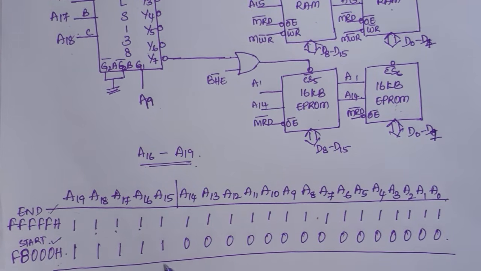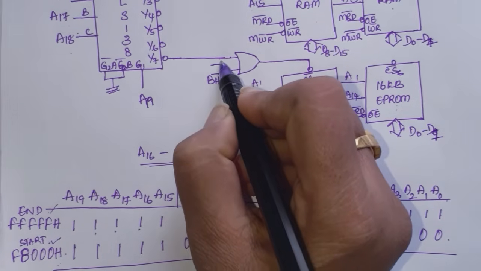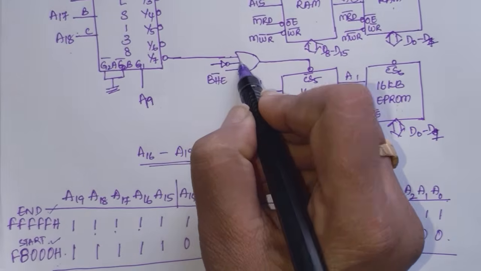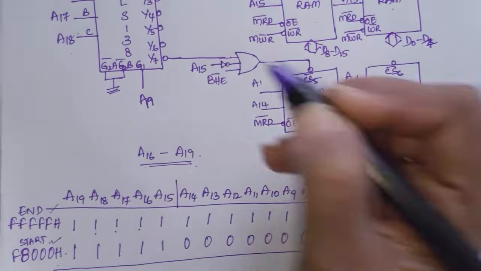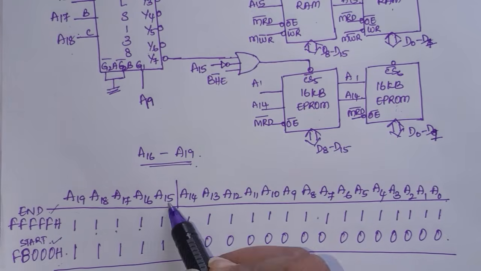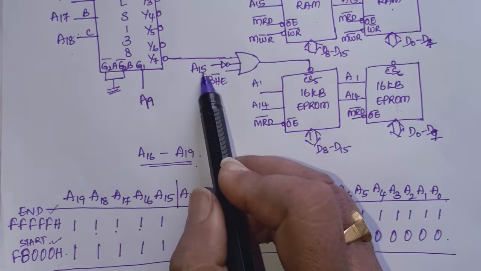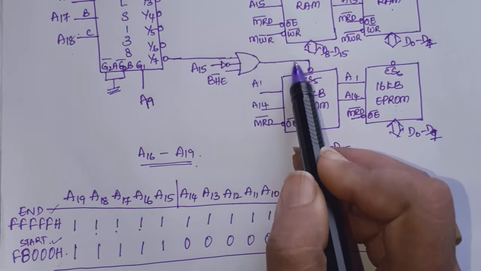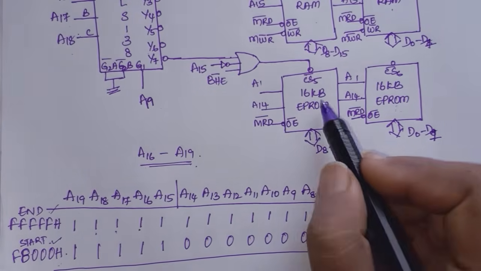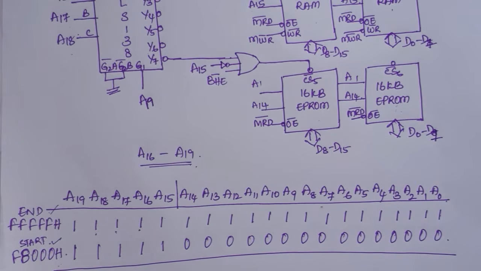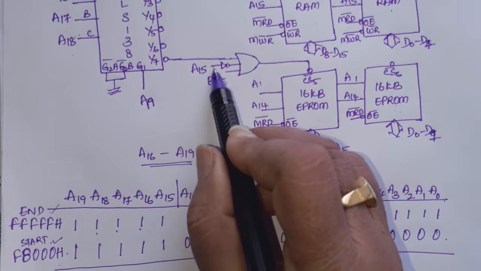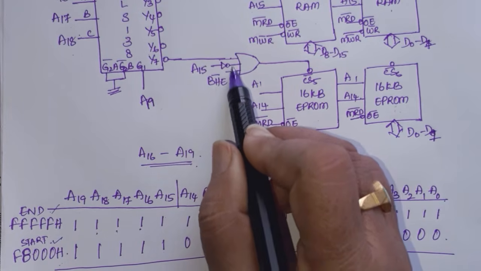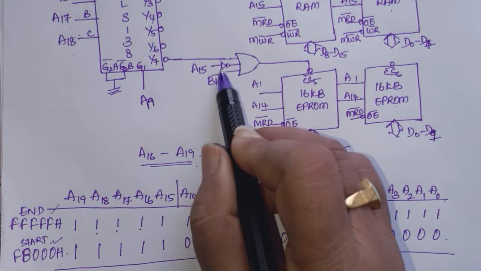It must be 1. Okay, so I can connect A15 with an inverter. So when A15 is 1, the output of this OR gate must be equal to 0, so that these banks are selected.